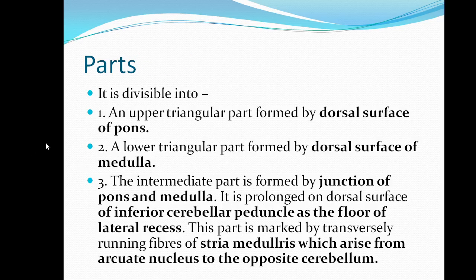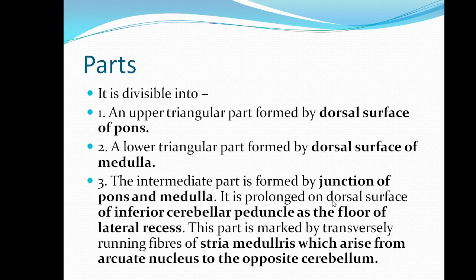Parts of the floor. The floor is divisible into an upper triangular part formed by the dorsal surface of the pons, number 2, a lower triangular part formed by the dorsal surface of the medulla oblongata, and a third, the intermediate part, which is formed by the junction of pons and medulla.